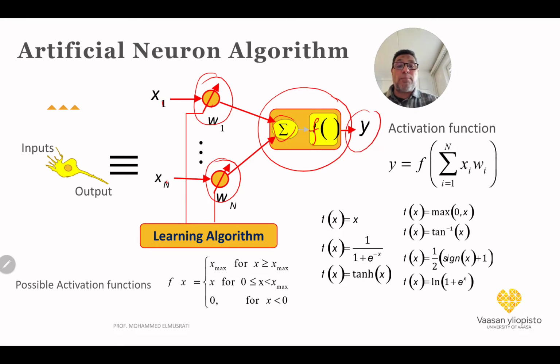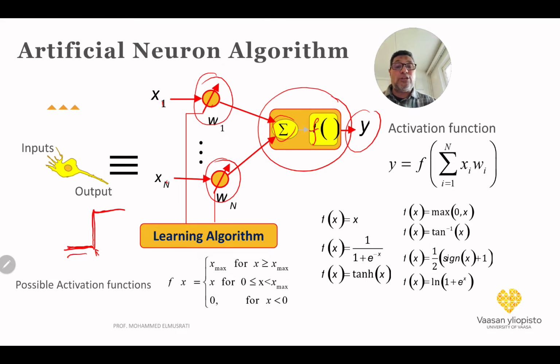So this function, because the actual function in the neuron is, as I said, a gate. So it might make output or not output. If the input reaches a certain level, then it will fire the output, otherwise it will not.